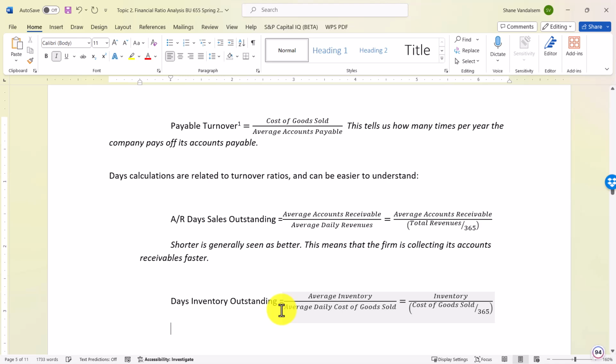So they don't want those things sitting on their shelves too long. If inventory is sitting on their shelves too long, that means either they bought the wrong inventory, and so people don't want it and they're not buying it, or their marketing is not good, or their pricing is not good. It's a bad sign whenever a company has inventory that's sitting out there for too long. So this tells us how long it takes for a company to sell its inventory on average.